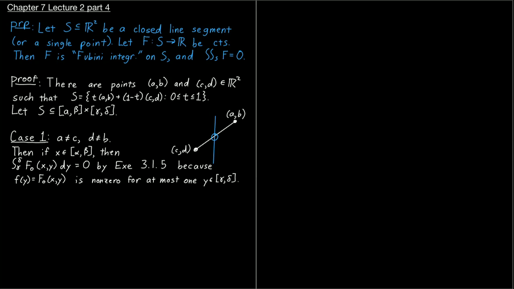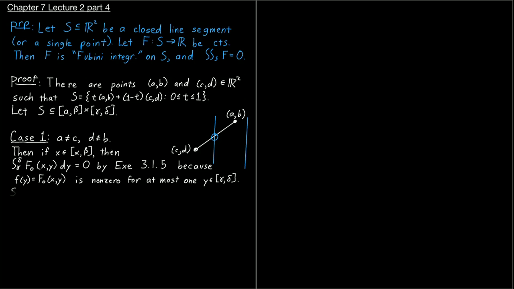It could be 0 everywhere if your function f happens to be 0, or if your rectangle is a little bit bigger and you're integrating over a line segment that's over here. But it can't be non-zero at more than one point, and we know the integral of a function that's 0 at all but one point is 0.